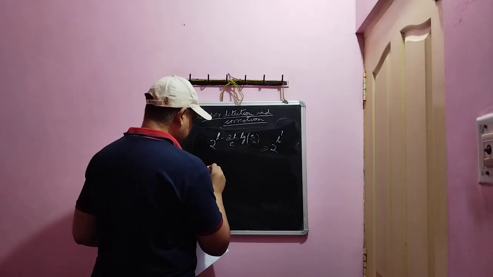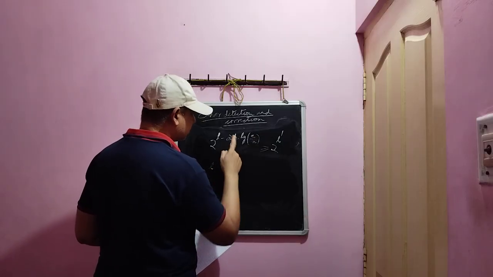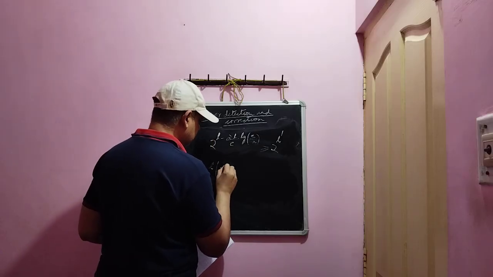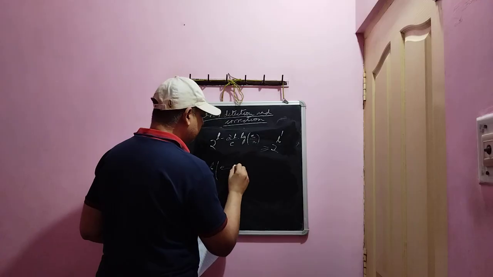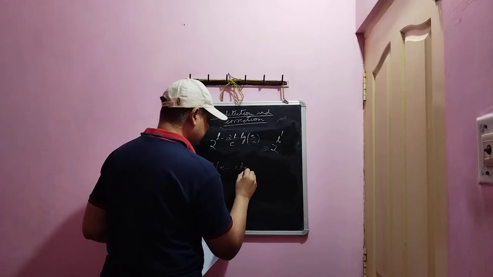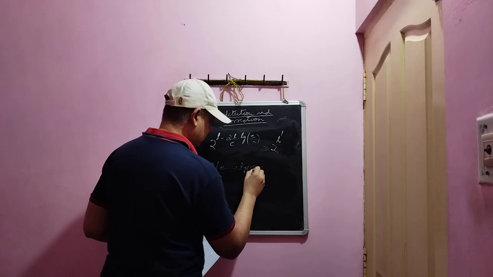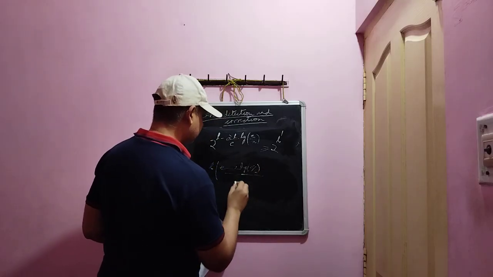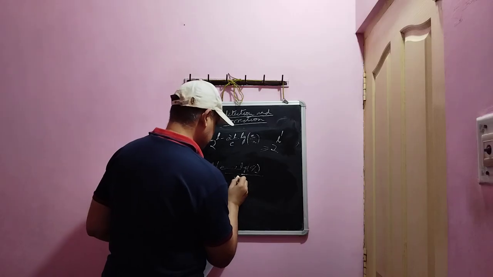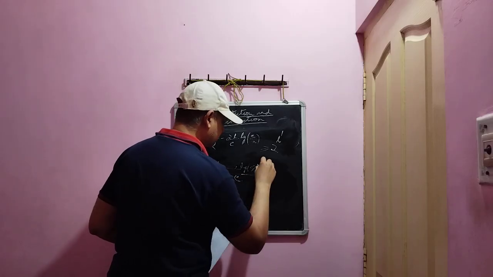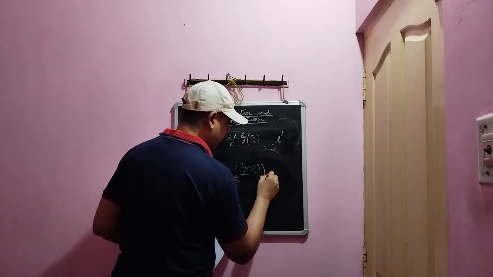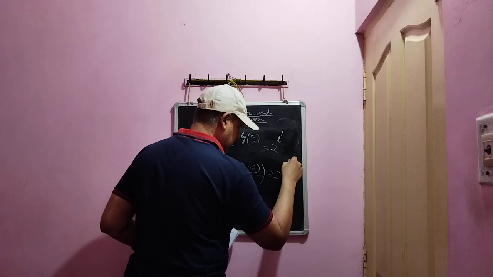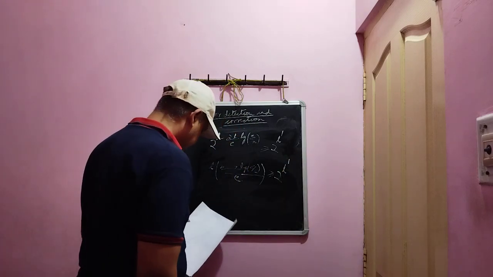That means we require, just equating the exponents, L times (E minus 2 log E by 2) by E must be greater than or equal to L dash.